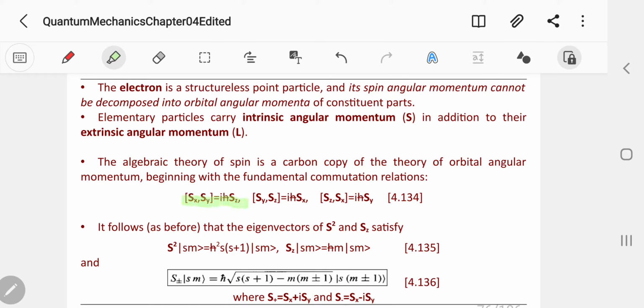You still have Sx, Sy, and Sz. The commutation relation is that the commutator of Sx and Sy is just iħ Sz, and you can also find it similarly for Sy and Sz, and Sz and Sx.